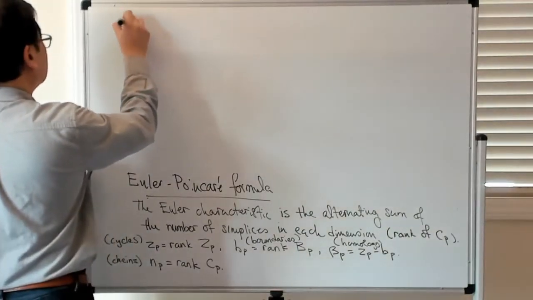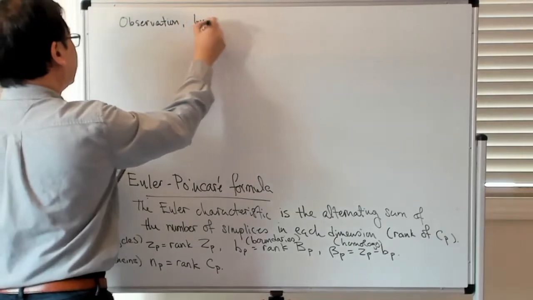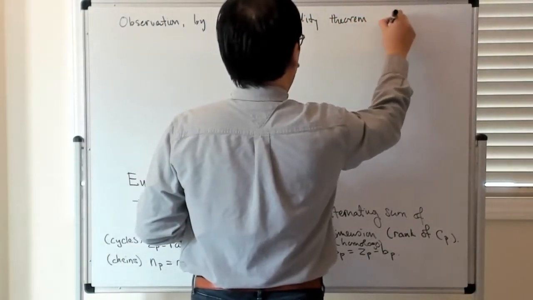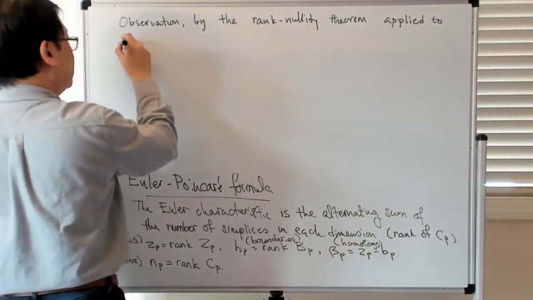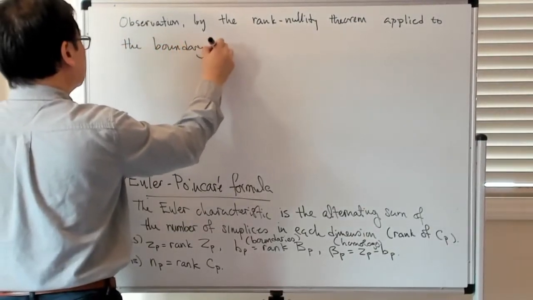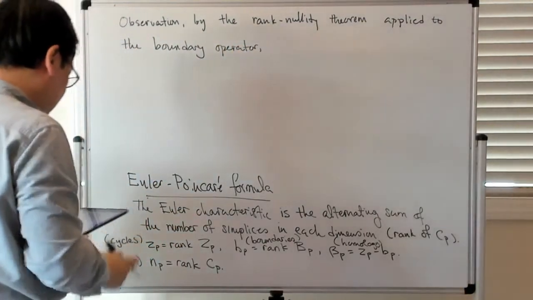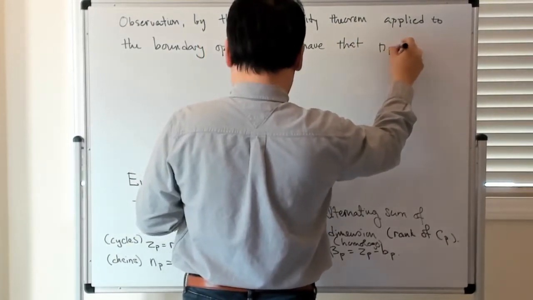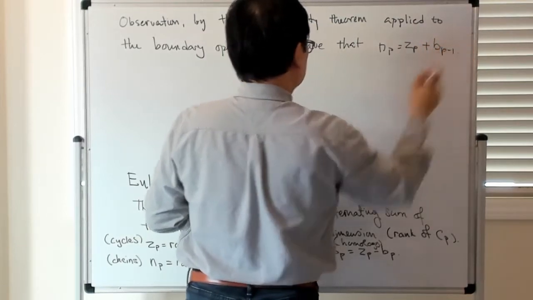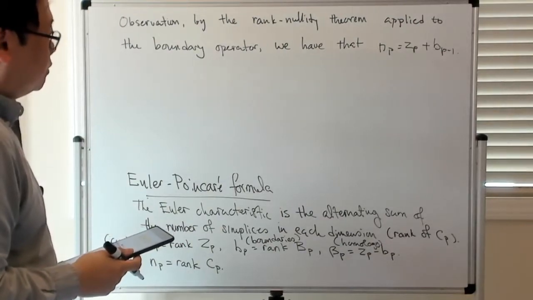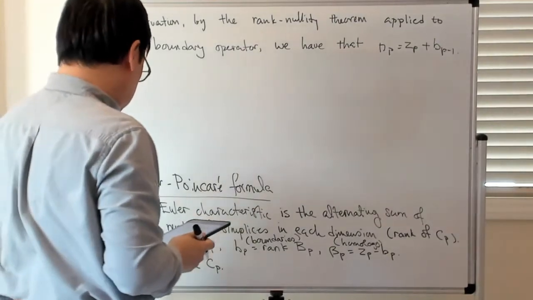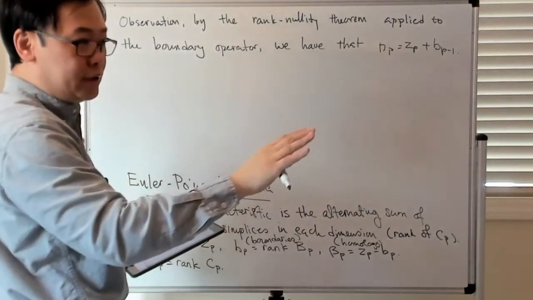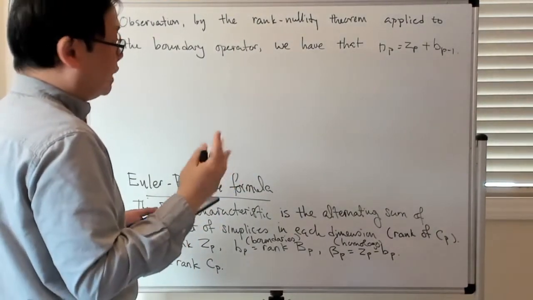So the observation, if you will, is that by the rank and nullity theorem, applied to the boundary operator, which is a linear operator, we have that the rank of the chains n_p is equal to z_p plus b_{p-1}. Okay, so because of course the cycles are the ones which map to 0, so they're in the nullity, if you will, right?